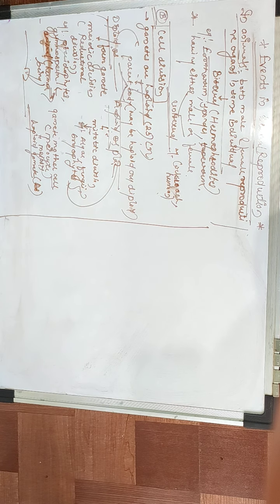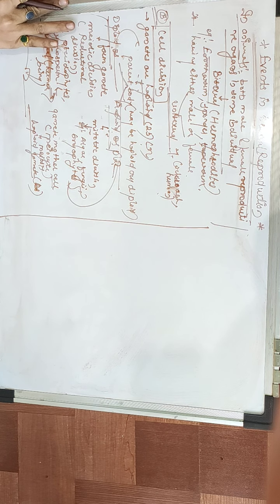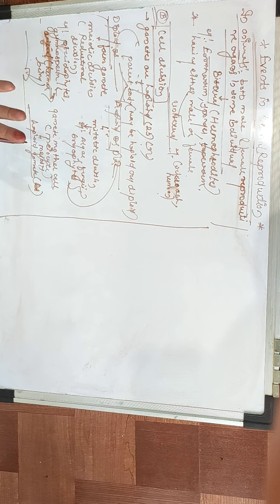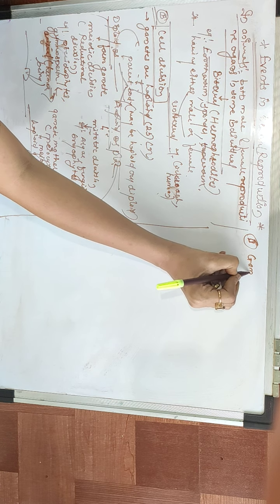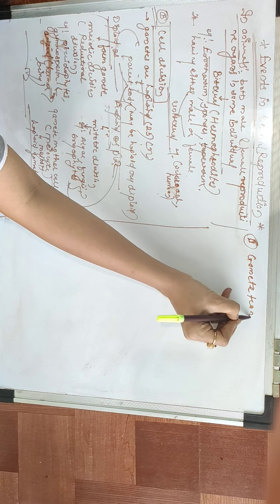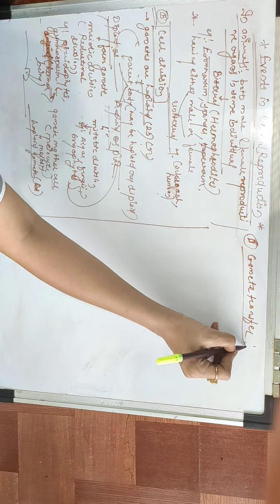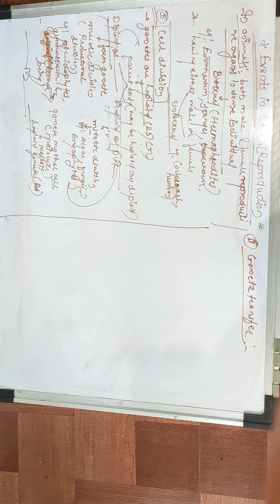Okay, next step, the next step of pre-fertilization events is left. That is called what? Yes, it's gamete transfer. Now we will see that after the formation of male and female gametes, again I repeat, after the formation of male and female gametes, they must be physically brought together to facilitate the fusion, or to facilitate the fertilization.